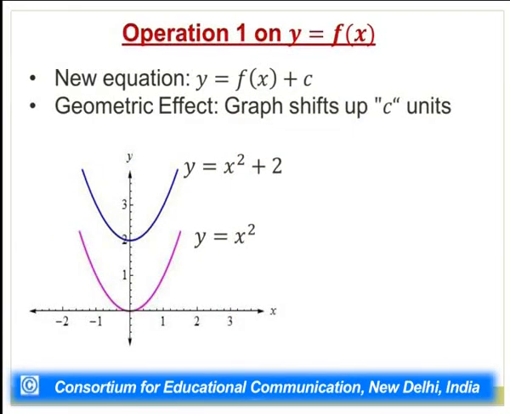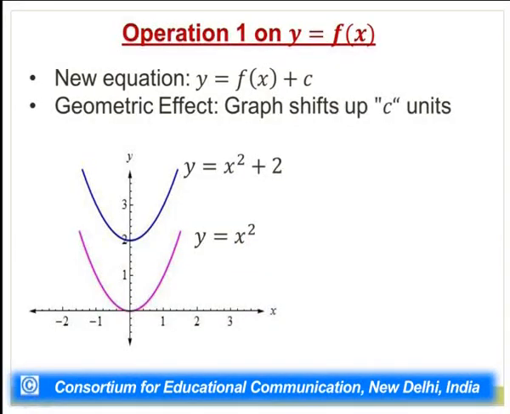The first operation that I'm showing you here is one that involves adding a positive constant c to the function f of x. So our new equation becomes y equal to f of x plus c. The way to read this equation is that if I were to look at the same value of x as in the original graph, the value of y for a given value of x would now be c more than the value that I had in the original function.